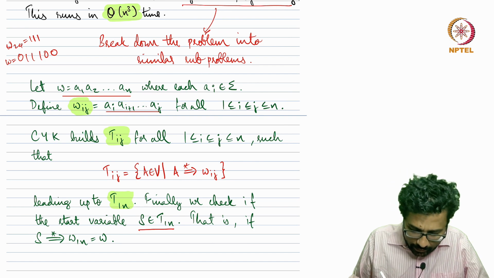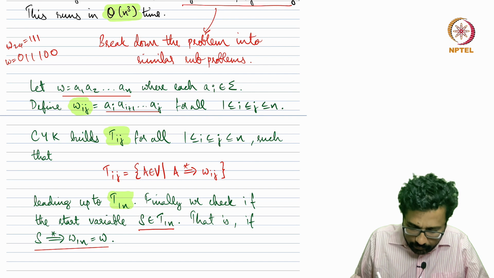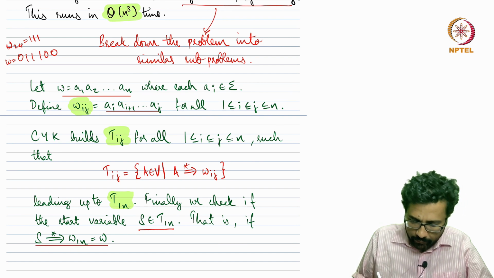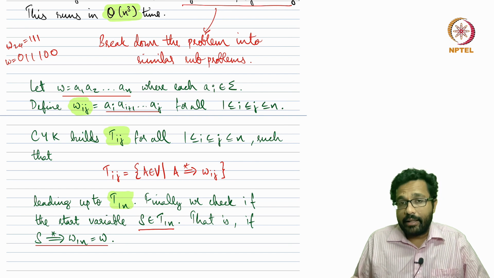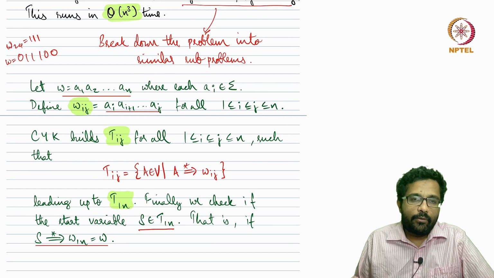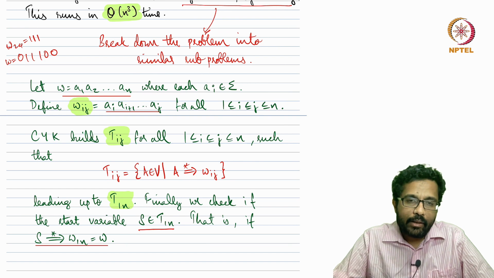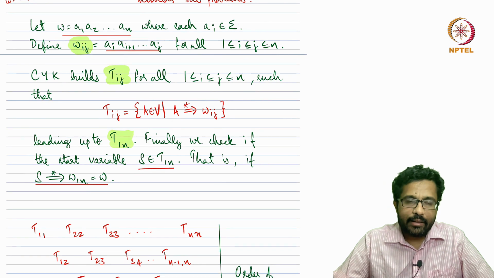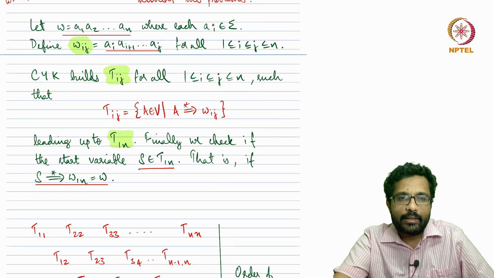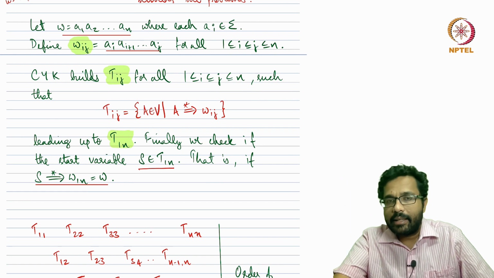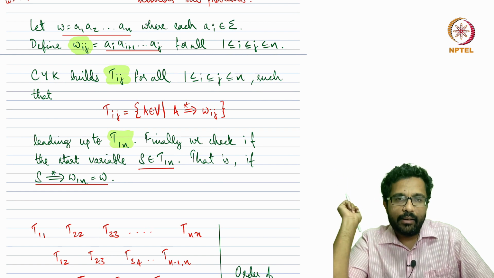Which is basically asking, is the start variable one from which we can derive the entire string. So this is pretty much the definition of whether the string is derived by the grammar, right? What does it mean to say that the grammar generates the string? The grammar generates the string if the start variable can derive the string.